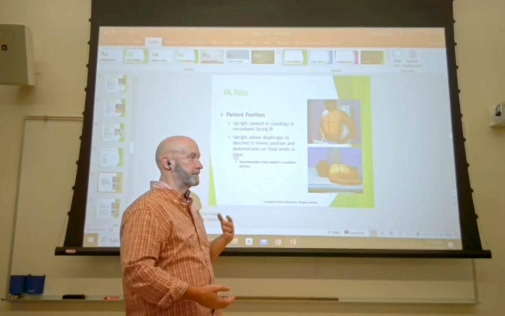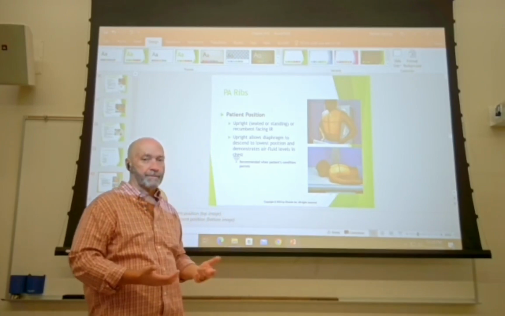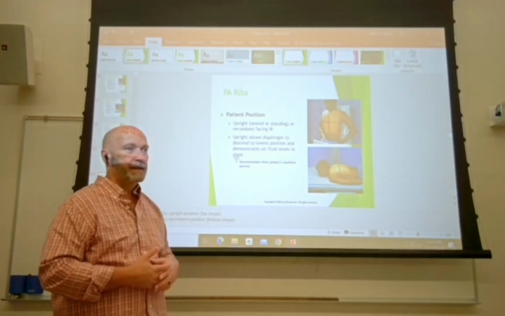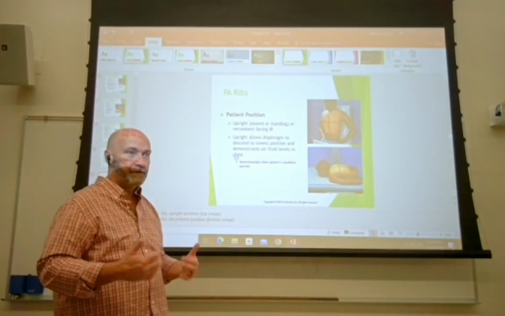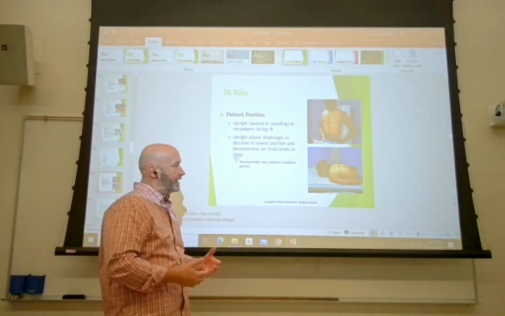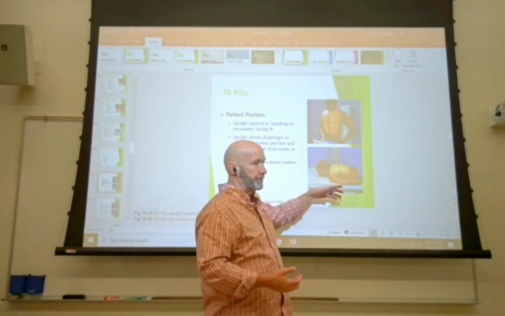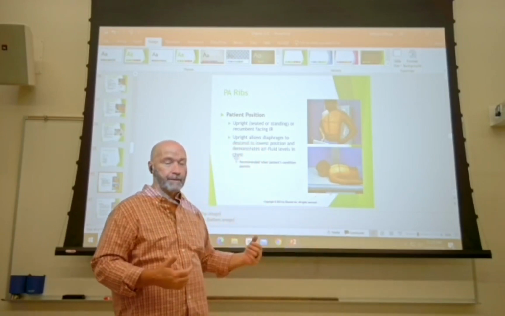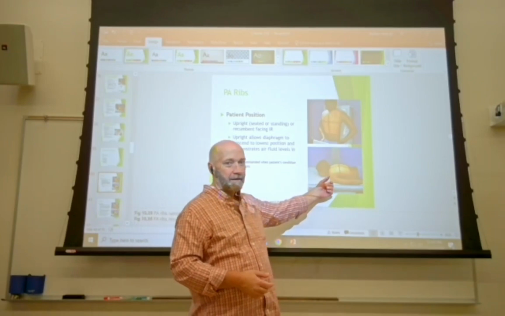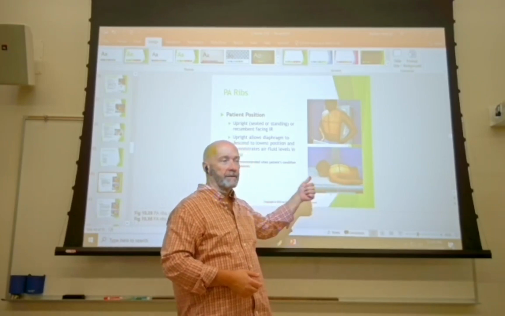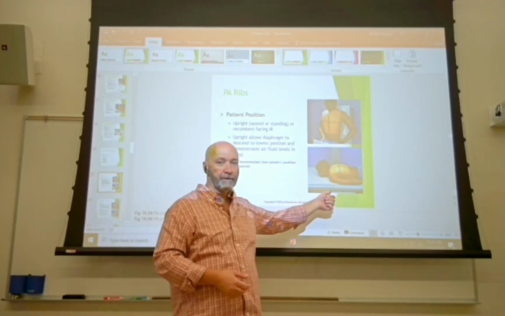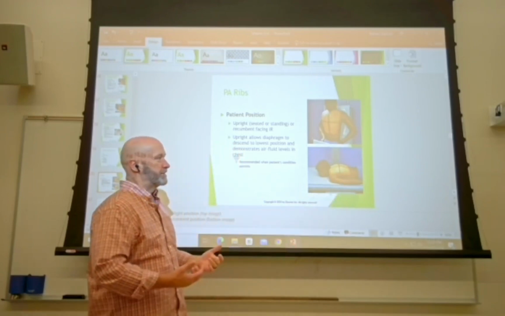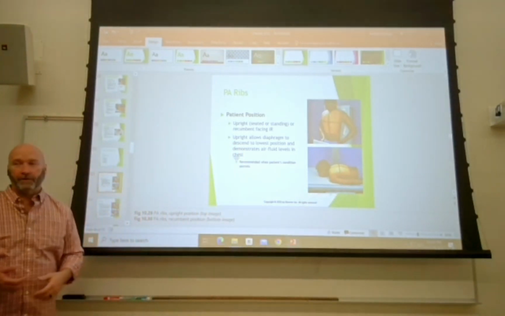And that's going to be according to the patient's ability. If a patient starts to stand up and they get faint, then you're going to have to sit them down pretty quickly. And even if they have anterior rib issues, you may have to shoot AP instead of PA. It's just not going to be a good position to put the patient prone if they potentially have rib fractures. It's just not going to work real well.